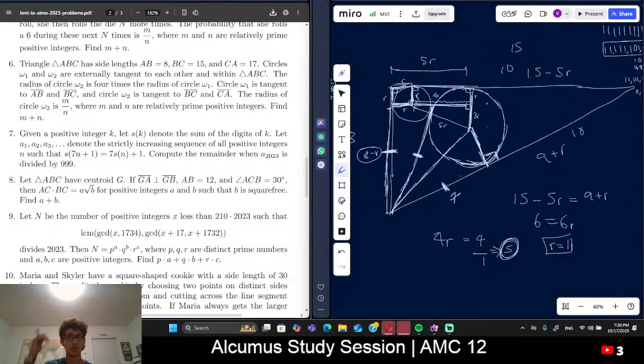Which leaves only one question really. Why is it wrong? This is going to be R. They said it's 4 times the radius of circle omega 1. So if that's R, this is going to be 4R. Perpendicular right here, this is going to be 4R. And this is going to be 1R that we're taking off.